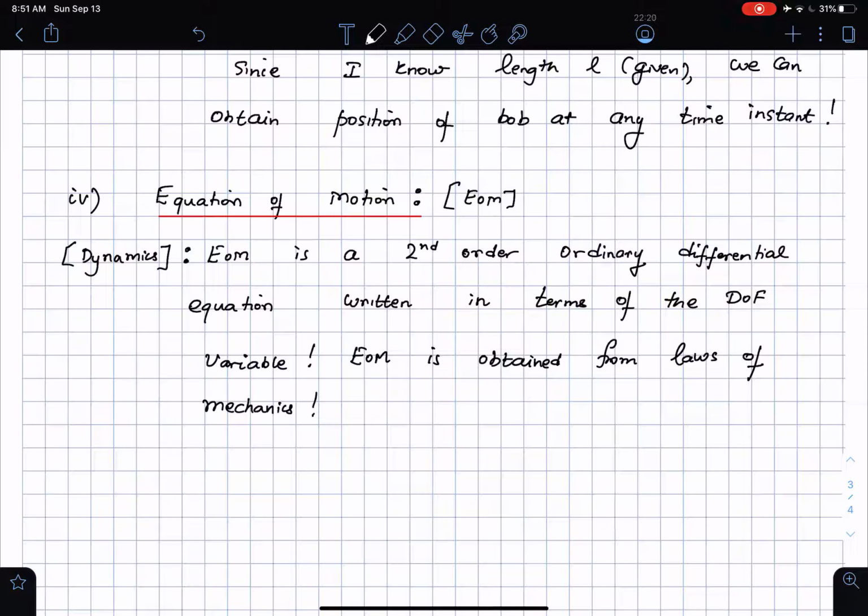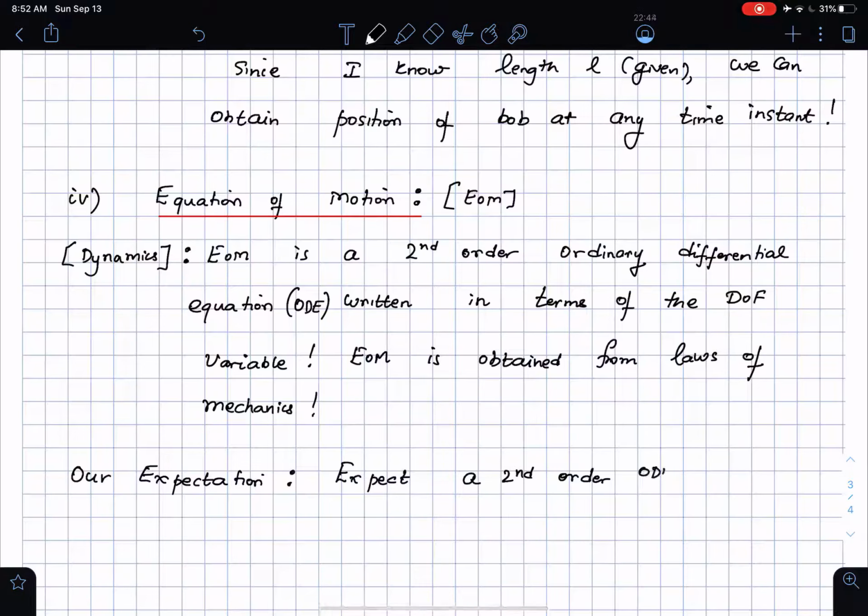Which means that our expectation is to expect a second order ordinary differential equation, which I typically call an ODE. Second order ODE in terms of theta. And that's exactly what I'm going to be doing.